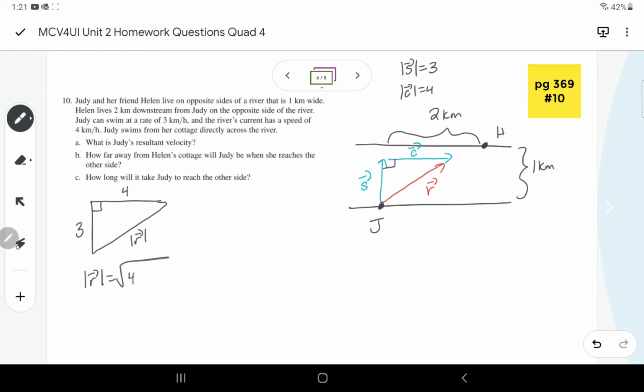So just Pythagorean theorem, the magnitude of the resultant is 5 kilometers per hour. But we want resultant velocity, so we have to figure out what the angle is as well. So I'm going to put in that theta and say that tan theta is equal to 4/3 and find the angle.